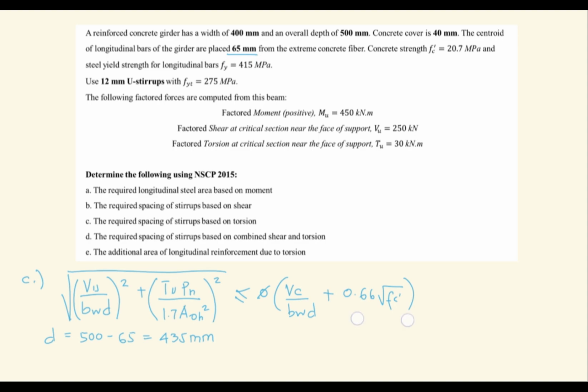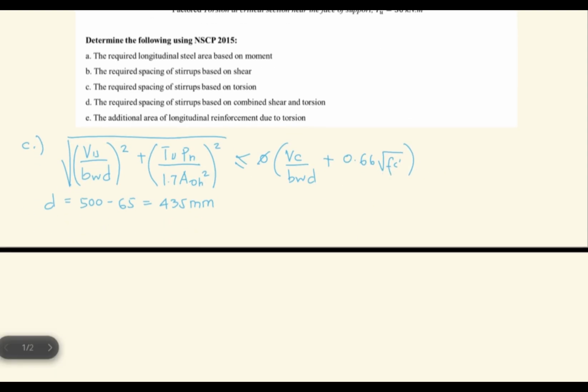Okay, so we also need to determine P sub H. P sub H is the perimeter of the outer stirrups measured center to center of this stirrup.